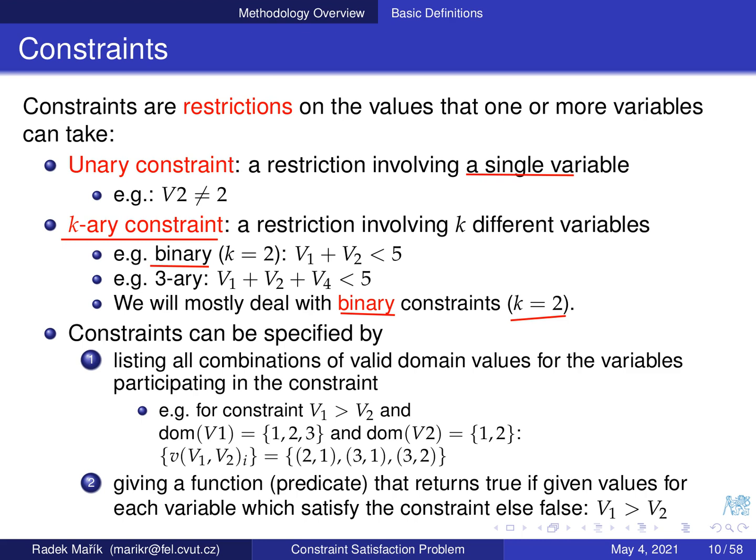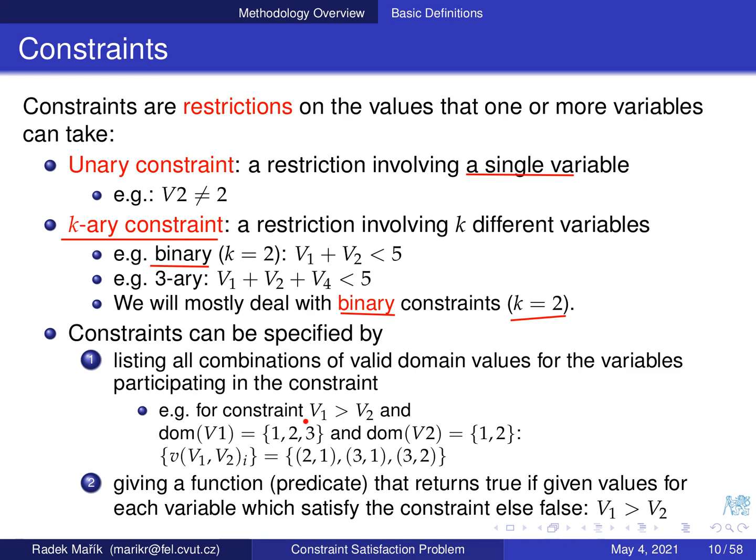The constraints can be specified in generally 2 possible ways. You can either list all combinations of valid domain values for the variables participating in the given constraint.